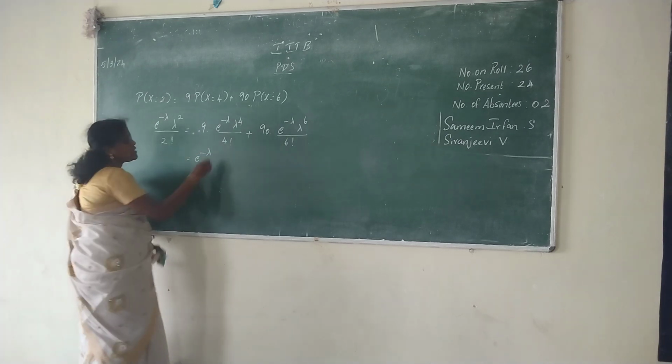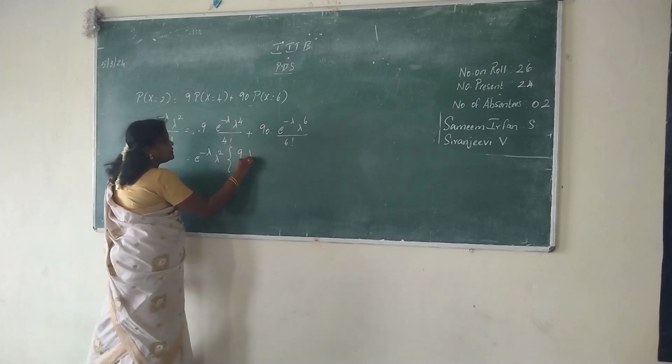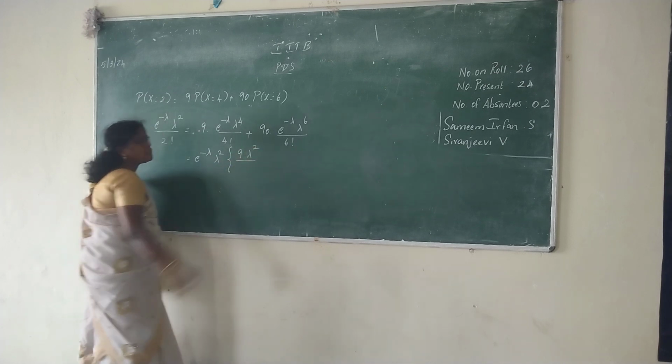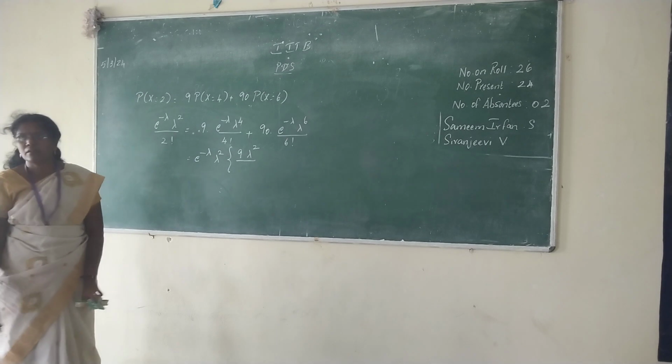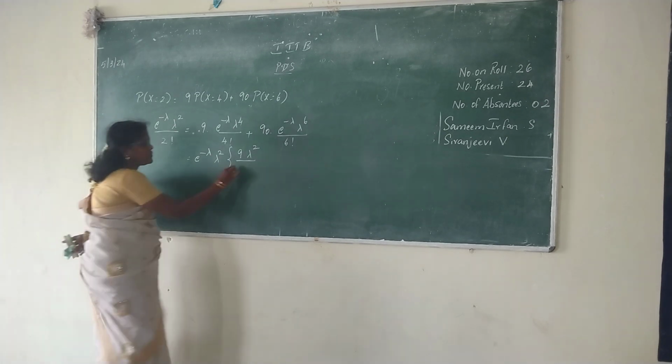If you take lambda square outside, the remaining will be 9 lambda square by, what is 4 factorial? 1 into 2 into 3 into 4, 24.